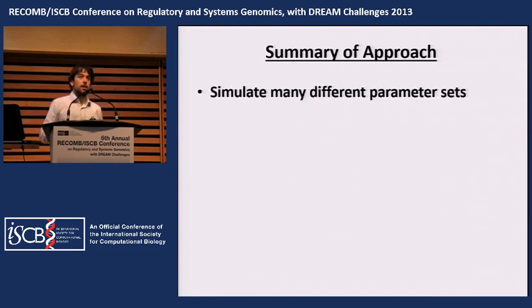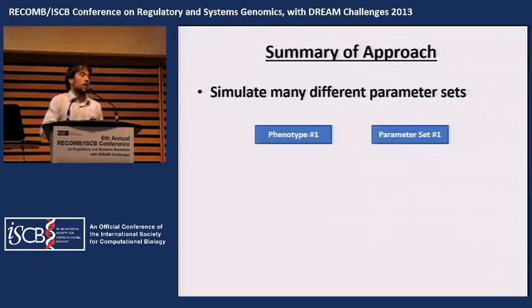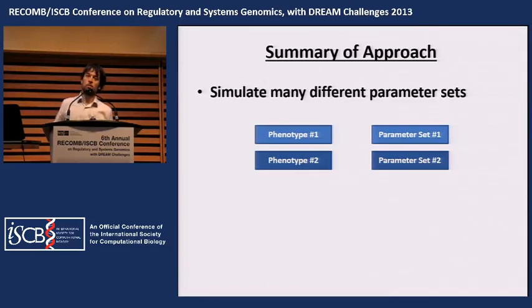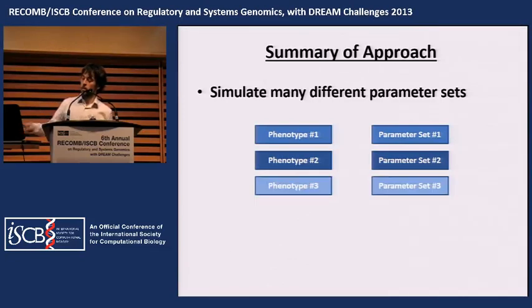So I landed on a different approach using statistical inference, in which I tried to run as many parameter sets as I could just to get an idea of how the model operated. So I would pick a parameter set and simulate that model, which takes about 24 hours, and record the phenotype of that model. And then I would choose a different parameter set, record its phenotype, and repeat this as many times as I could.